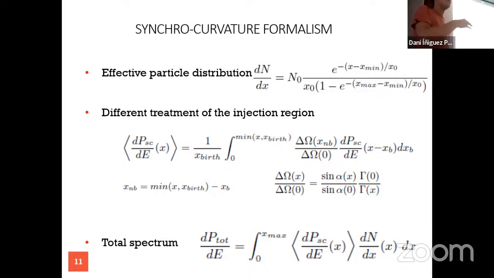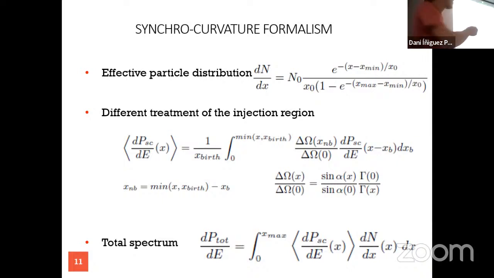To account for this effect, we introduce another weight, and we convolve the single particle spectra with this weight, and after that we convolve this spectra with the effective particle distribution that I have mentioned now.